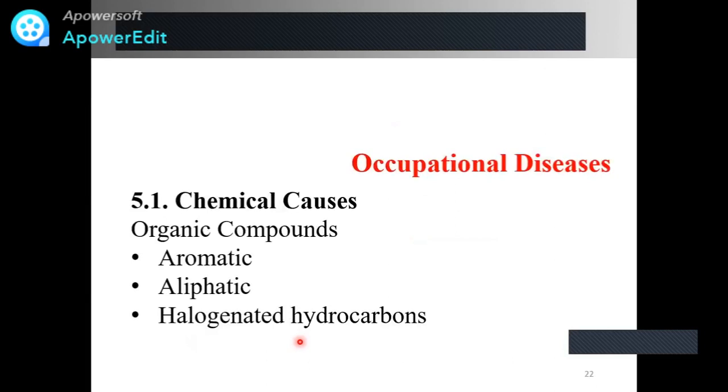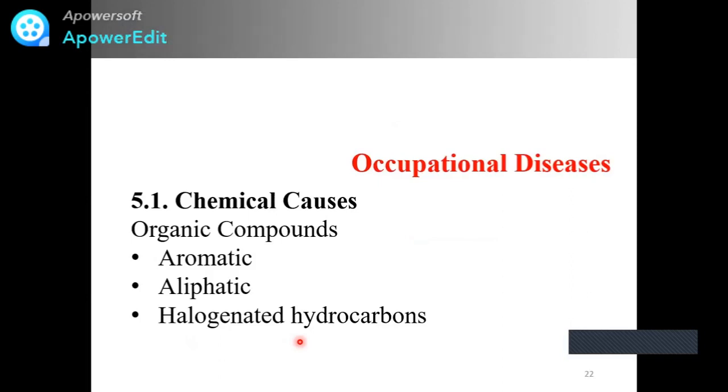Organic compounds: the organic compounds that pose the greatest occupational hazards are various aromatic, aliphatic, and halogenated hydrocarbons. The inhalation of a variety of dusts is responsible for a number of lung and respiratory disorders.